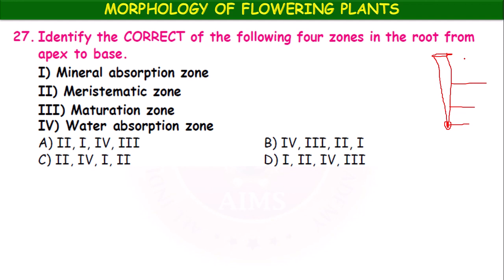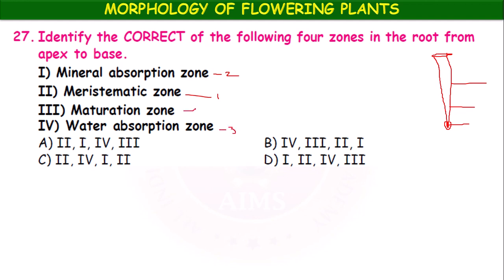So here, we have to arrange them in the correct order. First, meristematic zone or zone of cell division, this is 1. Then next, mineral absorption zone or zone of root hairs, this is 2. Next, water absorption zone.